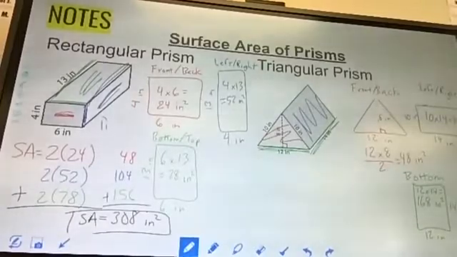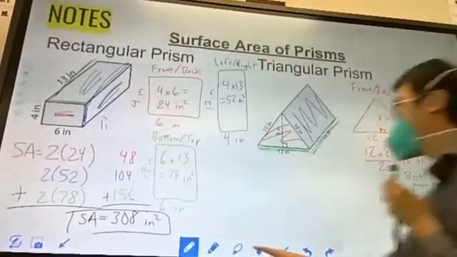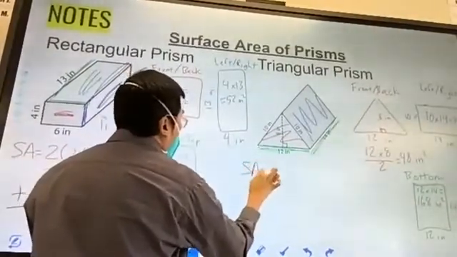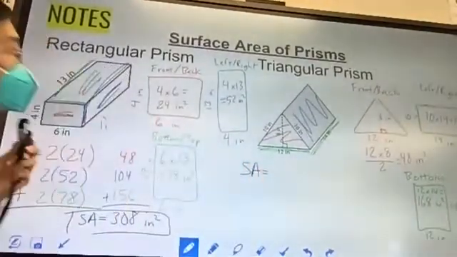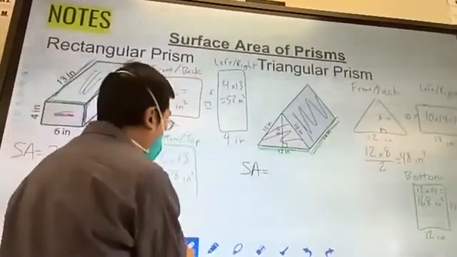So now we just need to add all the surface areas together to find the total surface area of this triangular prism. So surface area is equal to the front and back. So that's two of the same sides. So I'll just do 2 times 48.